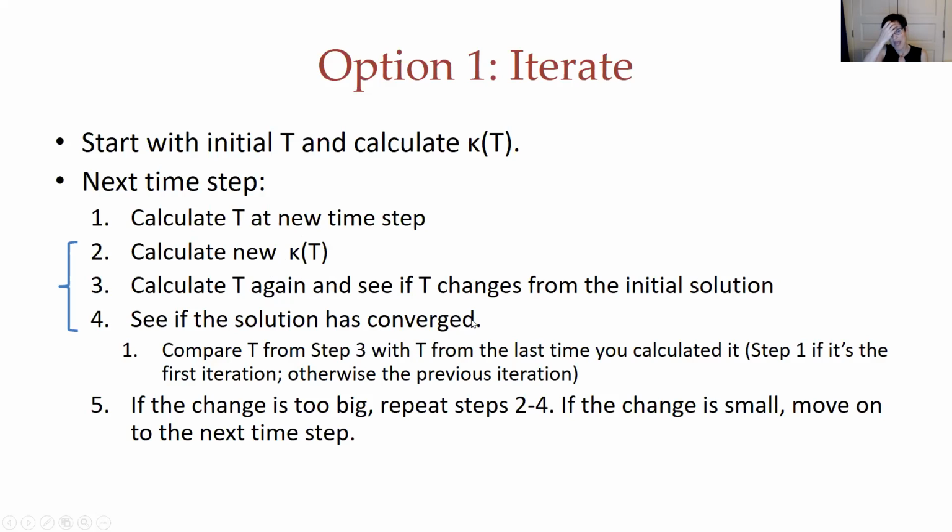And you already know how to check for convergence because that's what you did in homework 8. You compare the temperature from here with the temperature from whichever one was previous.